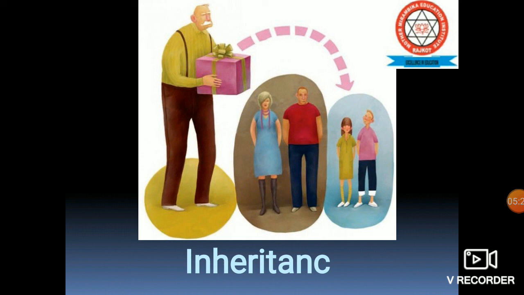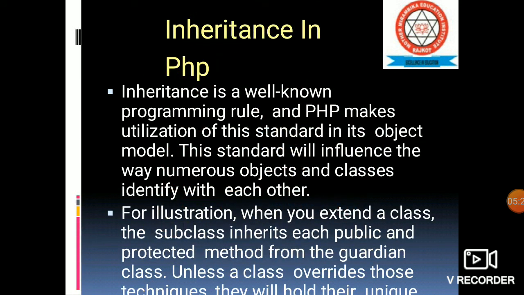Next is inheritance. Inheritance, or to inherit. To inherit is the verb. Inheritance is the noun. To inherit properties and methods of a parent class. Inheritance is a well-known programming rule, and PHP makes utilization of this standard in its object model.